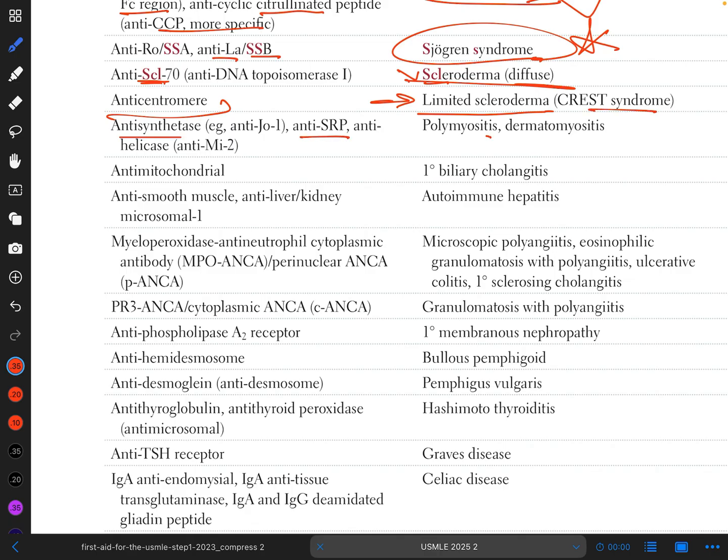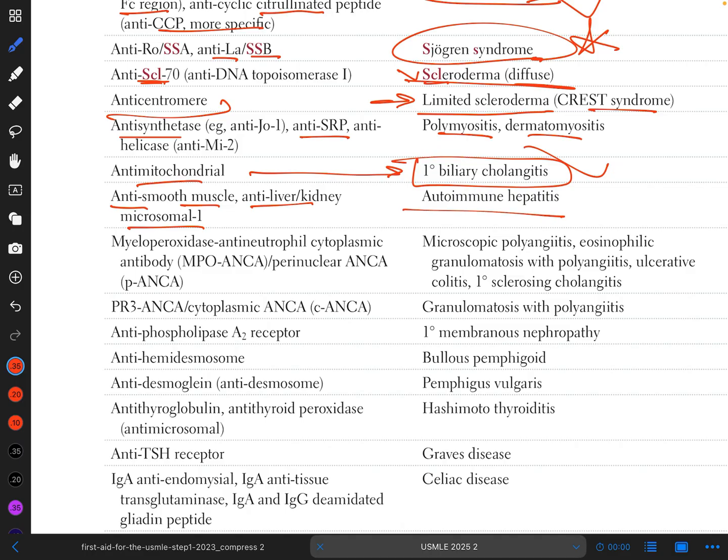Anti-synthetase or anti-SRP goes with polymyositis or dermatomyositis. Anti-mitochondrial is primary biliary cholangitis, the most common cause of liver disease or liver cirrhosis. Anti-smooth muscle and anti-liver kidney microsomal 1 are autoimmune hepatitis.